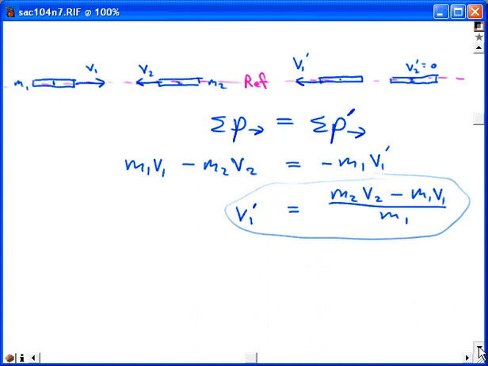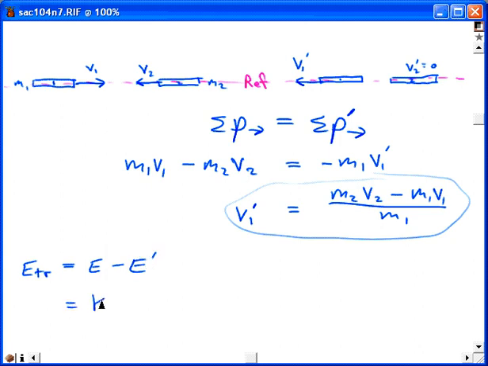Now that I know the velocity of all of them, both before and after, I can calculate the total energy in this picture and the total energy in this picture, and the difference is how much got transformed. So E transformed is just E original minus E final.